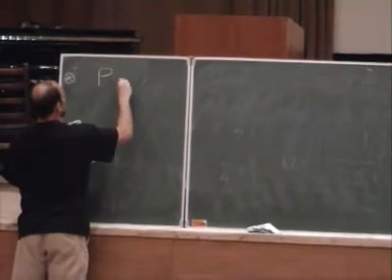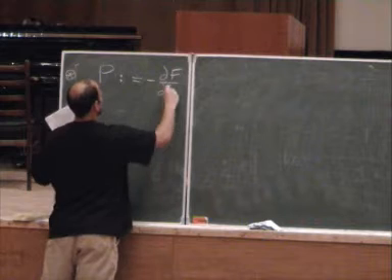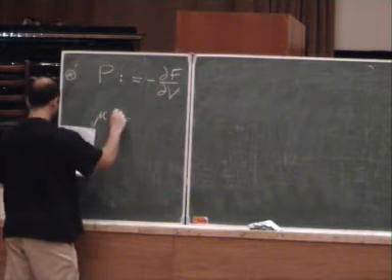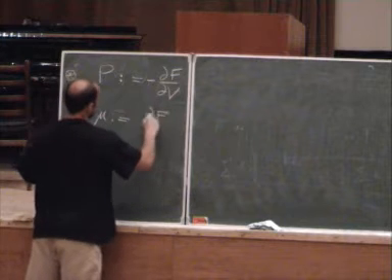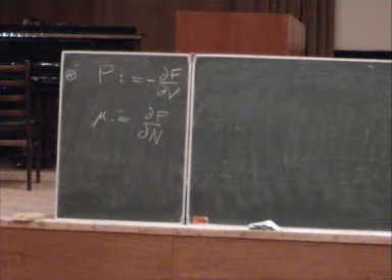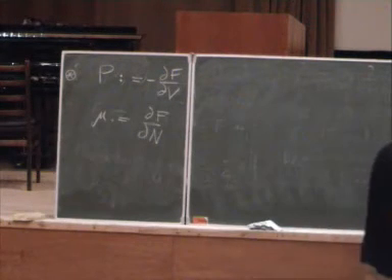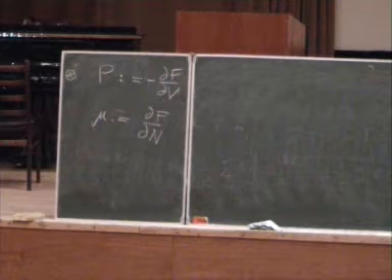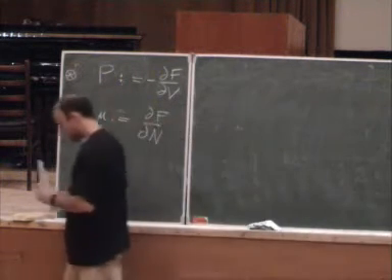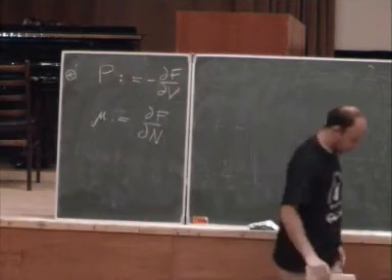So the definition of the pressure is minus dF over dV, and the definition of the chemical potential is dF over dN. So now I can turn back to your question. Why does this definition correspond to the true pressure?